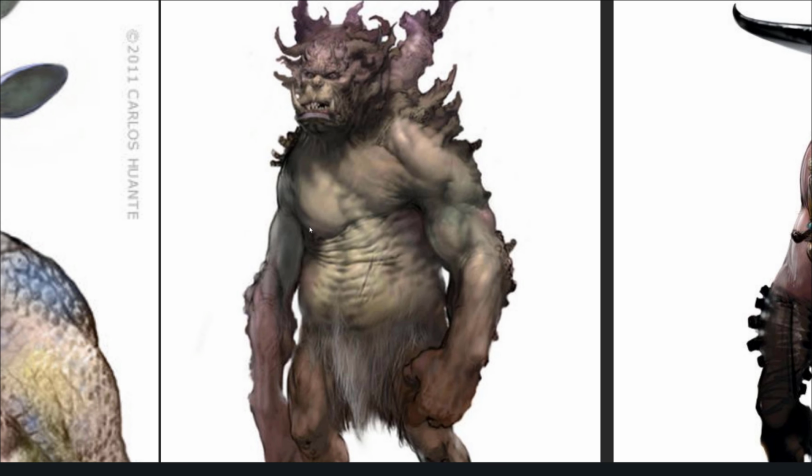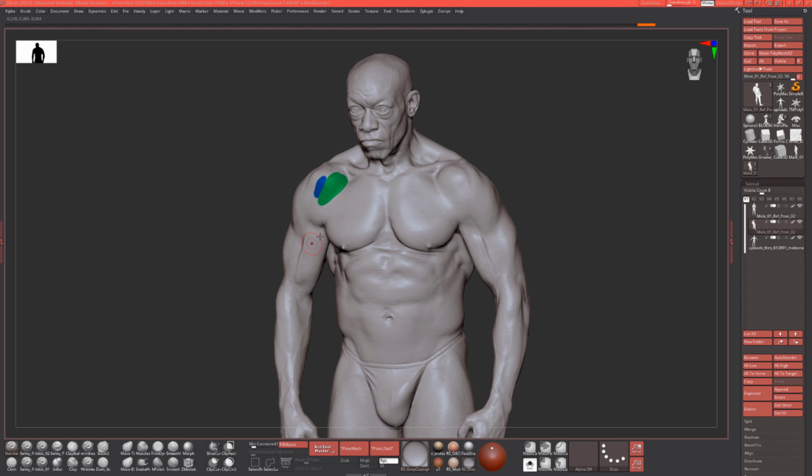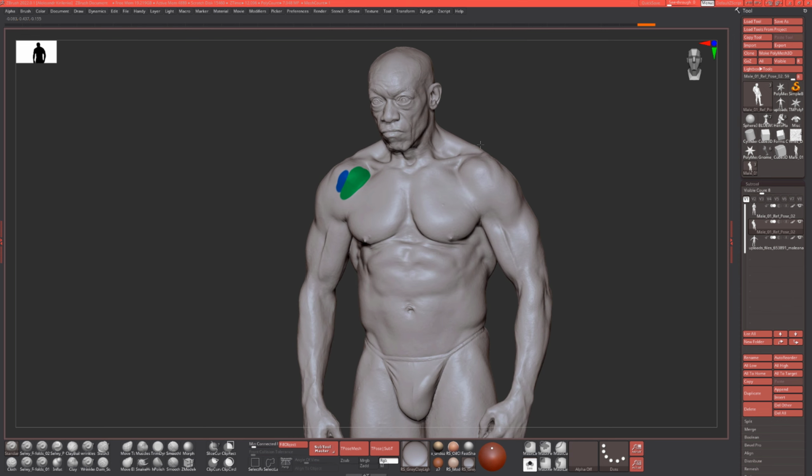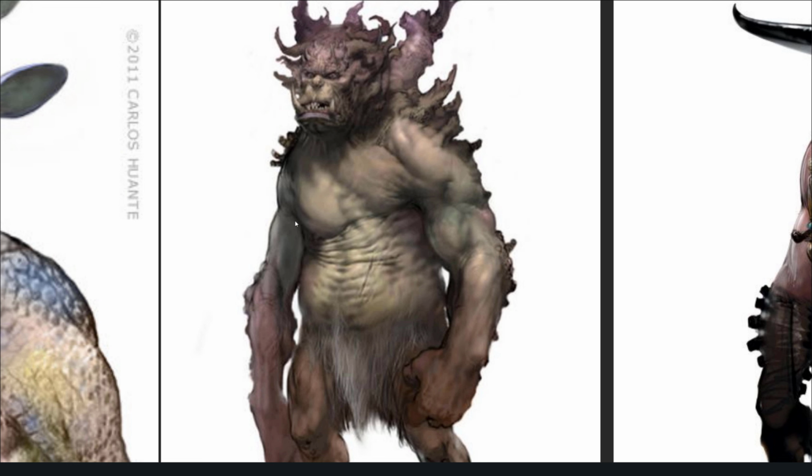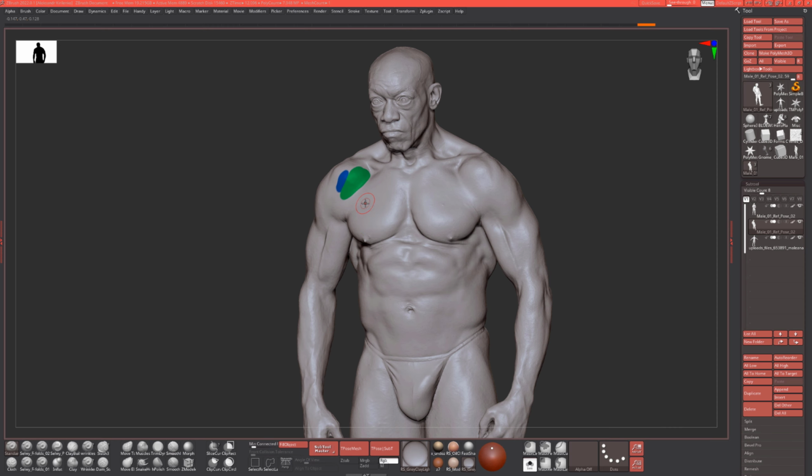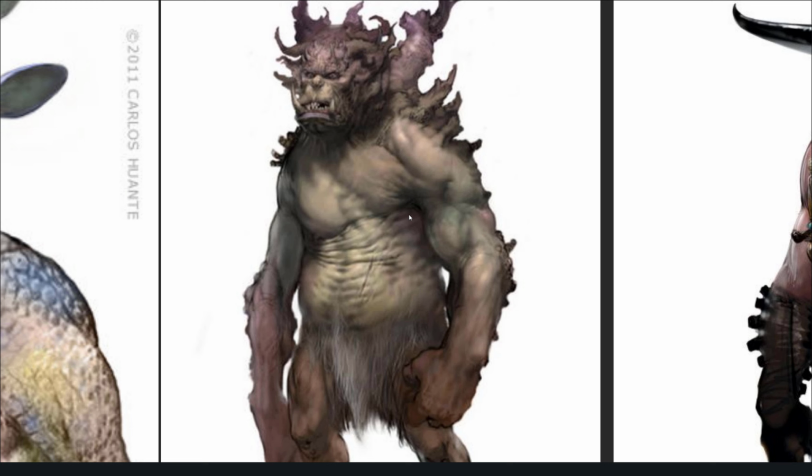So for example, look at this spec, right? Look at the way it's done. Look at the arm here. This is the exact same feeling, right? Different assets, so to speak, right? There's a creature, there's a real person, but the structure and the way it's done, it's exactly the same thing. And Carlos, in his workshop, said that he never studied anatomy, right?